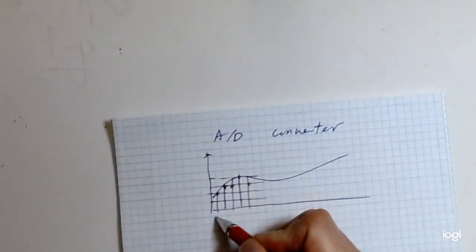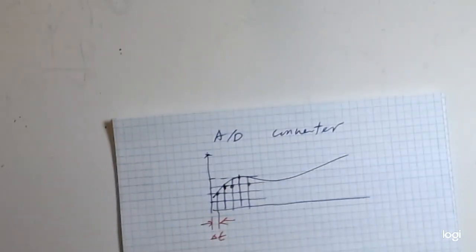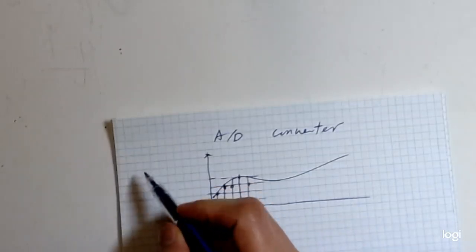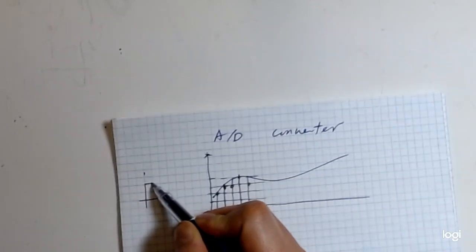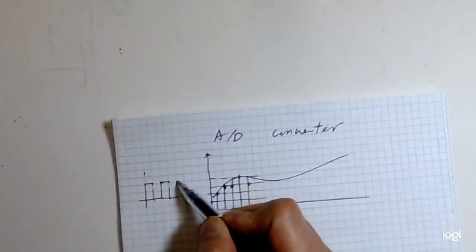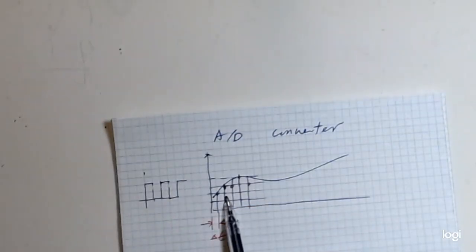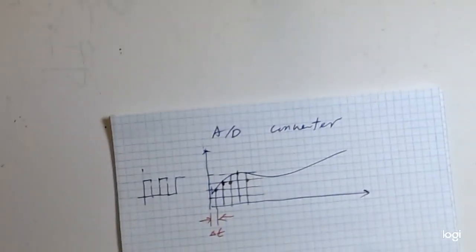So at every sampling time delta t, the process is done once. So normally we will have the clock to check the circuit. So we'll get to this discrete point and discrete amplitude in the y direction. Okay.